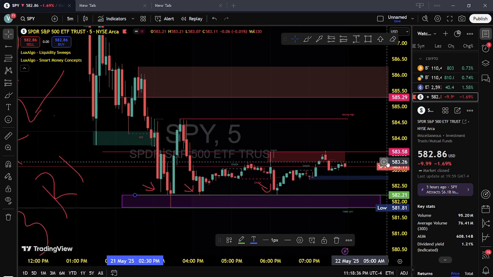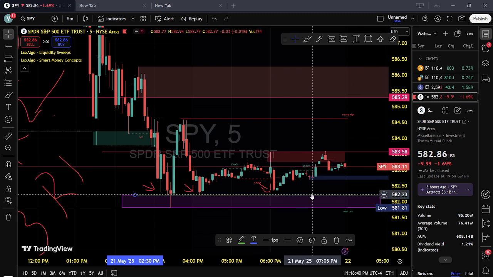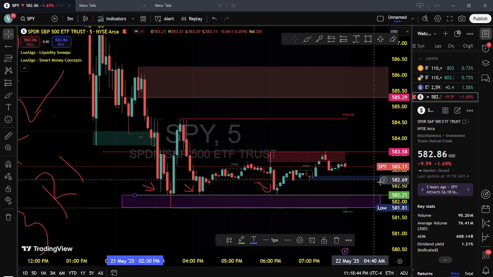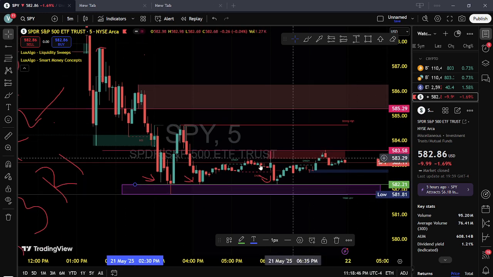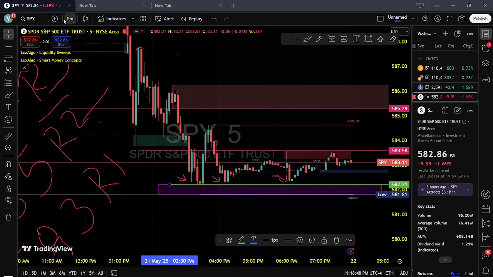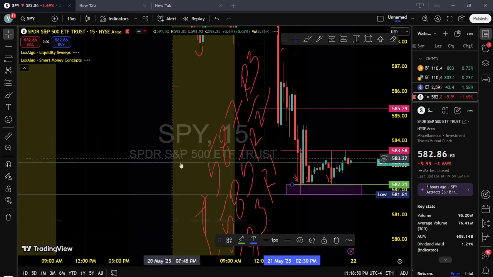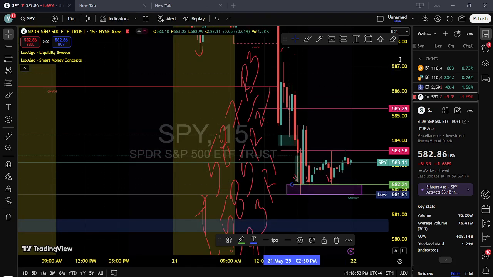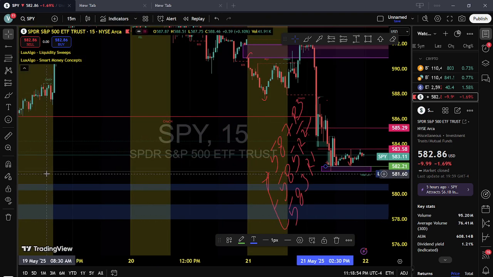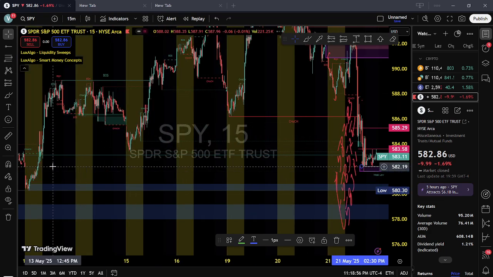So now think about the bullish, where we see a good support. If I break down this level, 582, now what we can do is take a look back at this 15 minute chart where I drew the rectangle, and we will start to see some levels from the past.